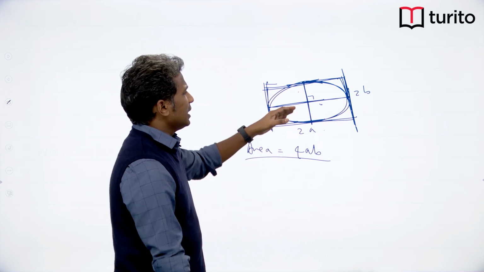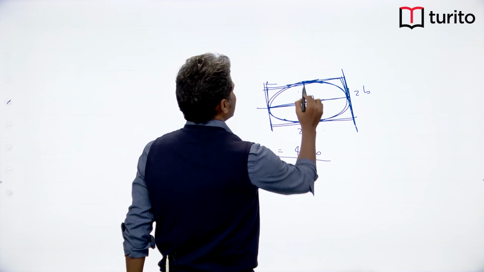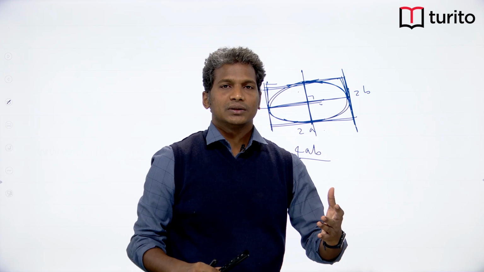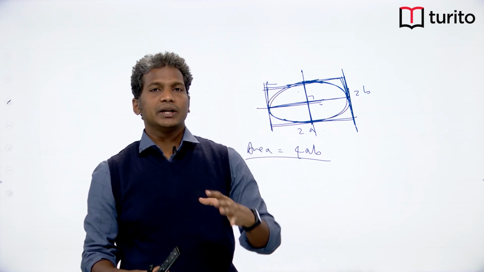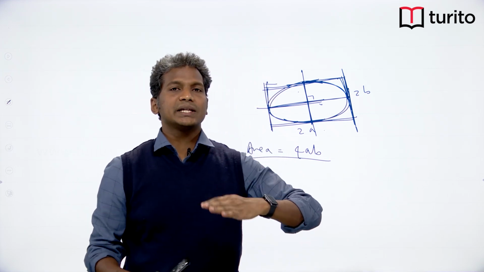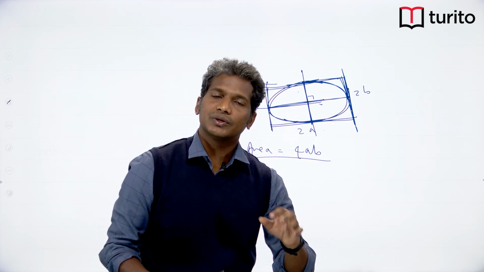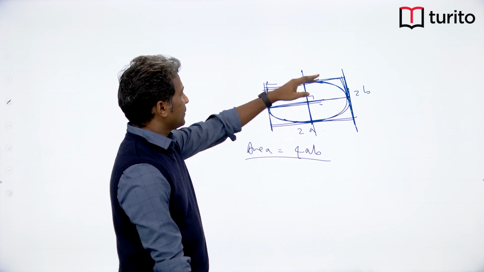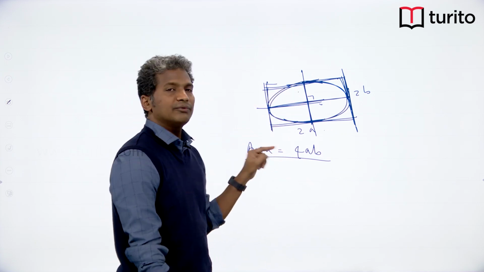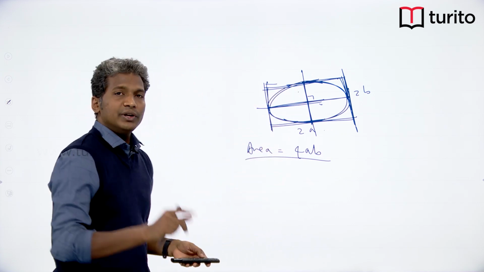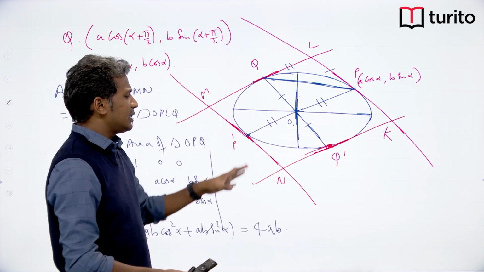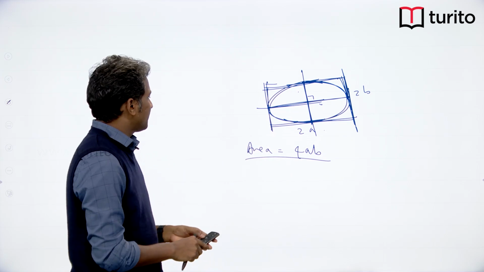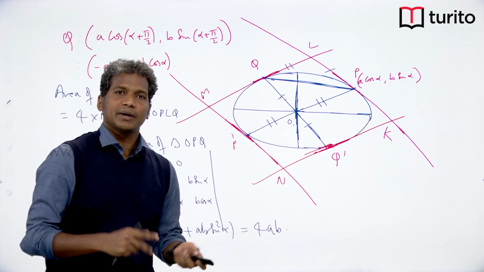Here you can treat the major axis and minor axis also as diameters which are conjugate. Of course, for every ellipse, the major axis and minor axis are also conjugate diameters. So for these conjugate diameters, the parallelogram has area 4ab, and if we know that for any conjugate diameters the area is going to be constant, we can just solve it for this and use it for the others.